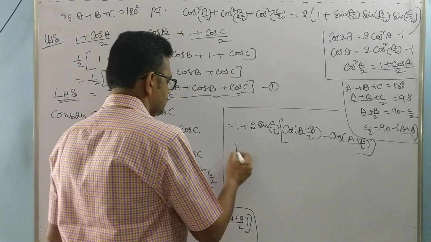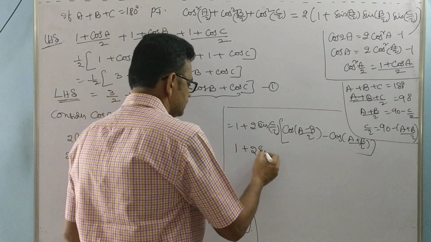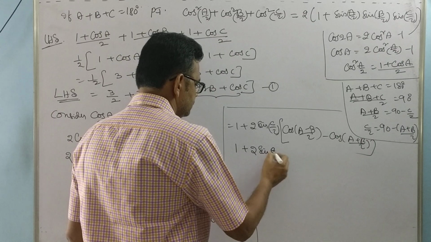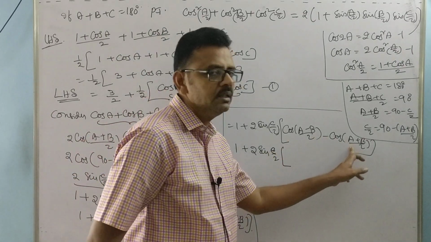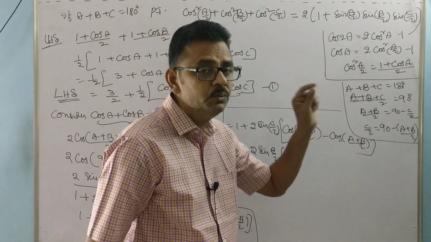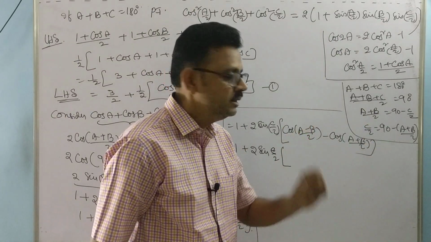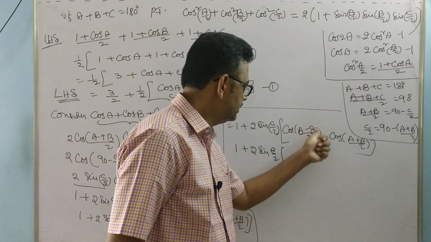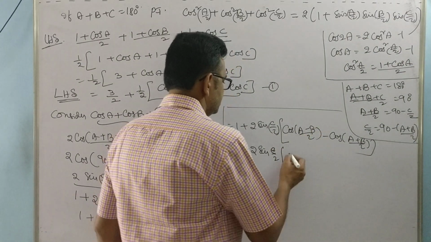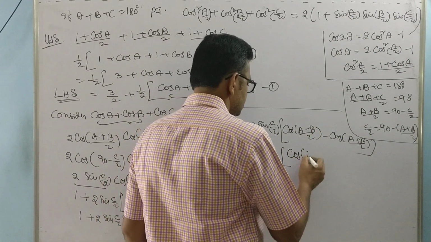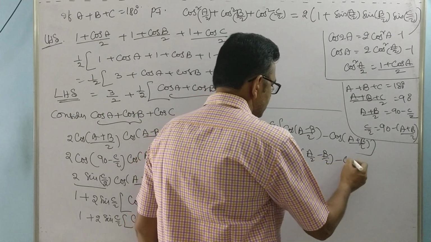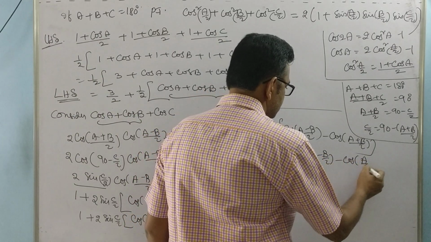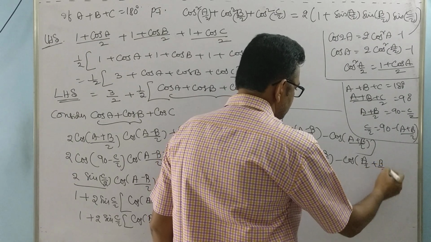So this is 1 plus 2 sin C by 2 into cos of (A minus B) by 2 minus cos of (A plus B) by 2, same as 2 sin A sin B, where A means A by 2, B is B by 2. Are you right? This is cos of A by 2 minus B by 2 minus cos of A by 2 plus B by 2.